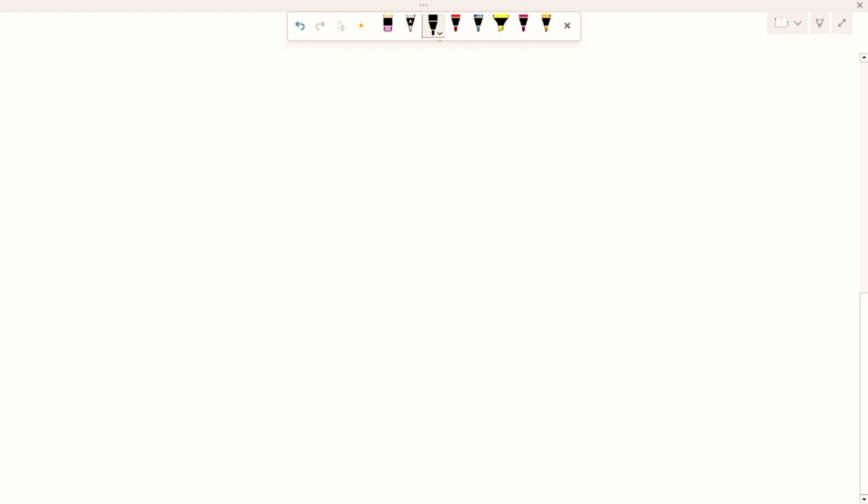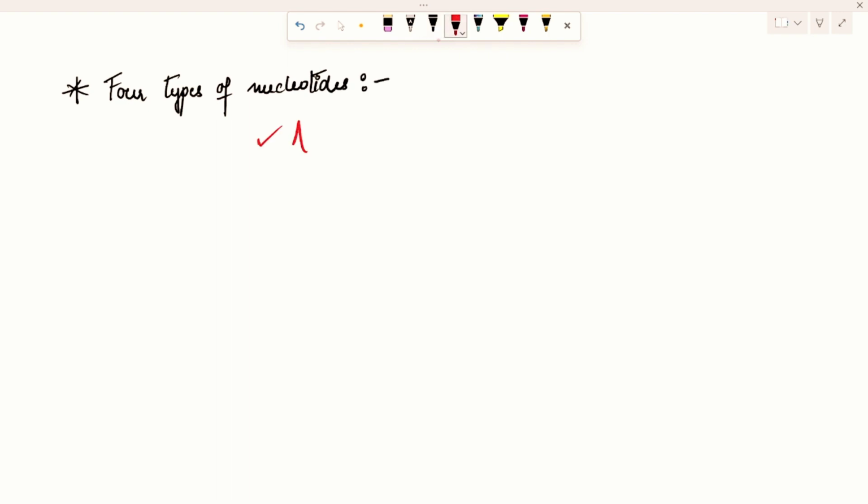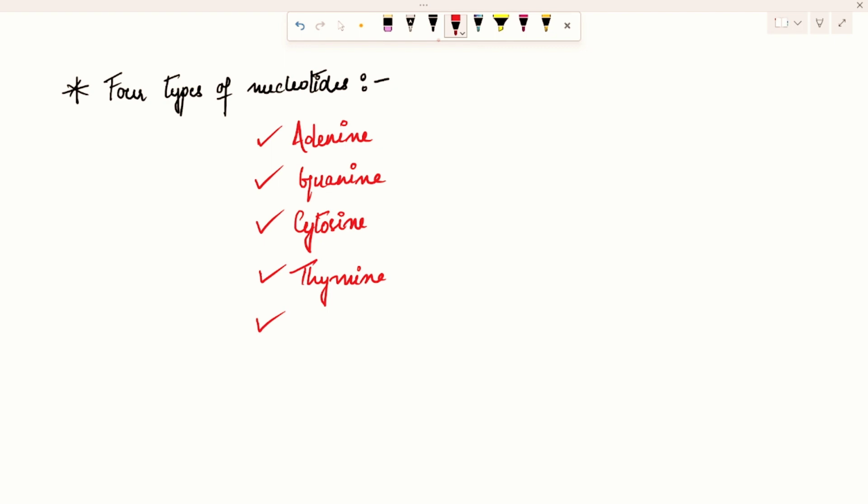Namely, there are four types of nitrogenous bases. What are they? They are adenine, guanine, cytosine, thymine, and there's a fifth type also, uracil.